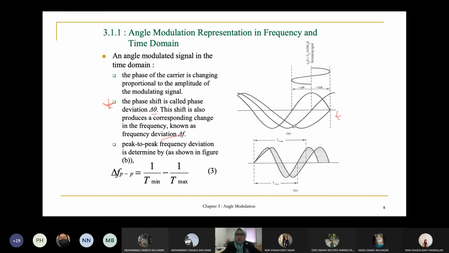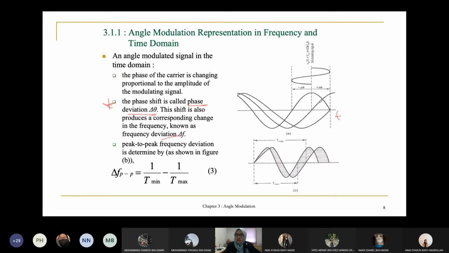So if you look at here, the phase modulation is also affected by the amplitude of the modulating signal. For phase modulation, we look at the phase deviation or the phase shift. I hope that you know what phase shift is. I think you have learned it in the previous subject before this.